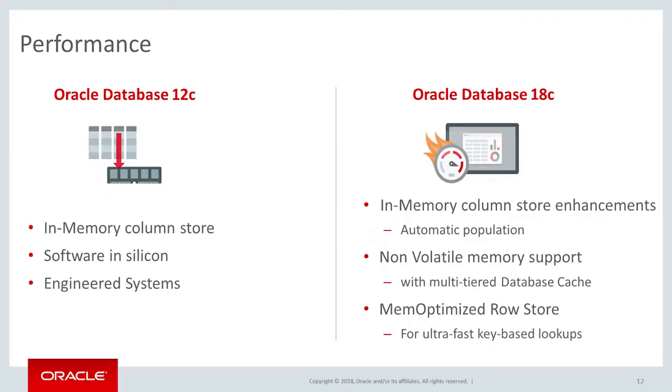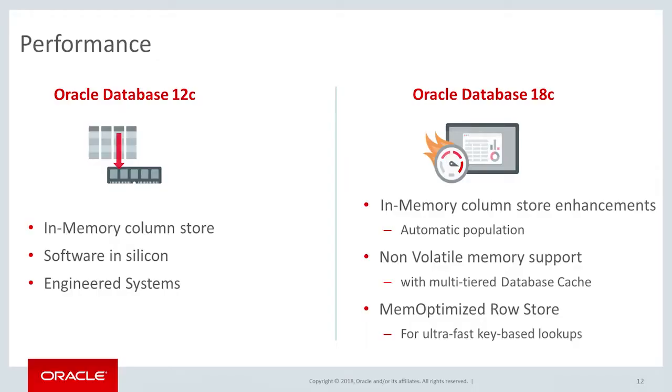We've also engineered Oracle Database 18c to take full advantage of non-volatile memory when it becomes available from the Intels and the Samsungs of this world. So that's effectively going to extend the hierarchy of database storage from DRAM to NVRAM to solid-state storage to spinning storage to archival storage, and we can automate the movement of that data as the activity changes across that data.